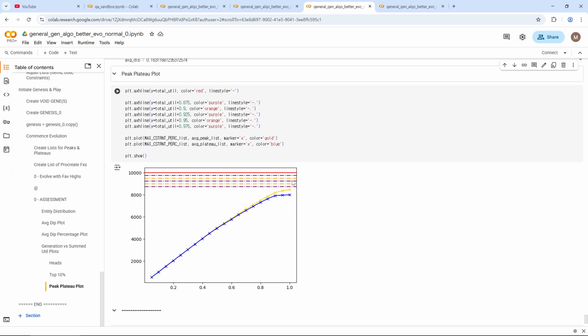They would just keep going up towards the end, as you would expect.